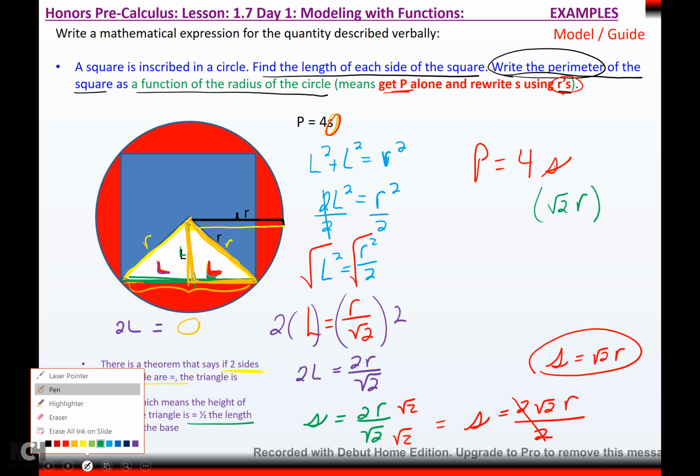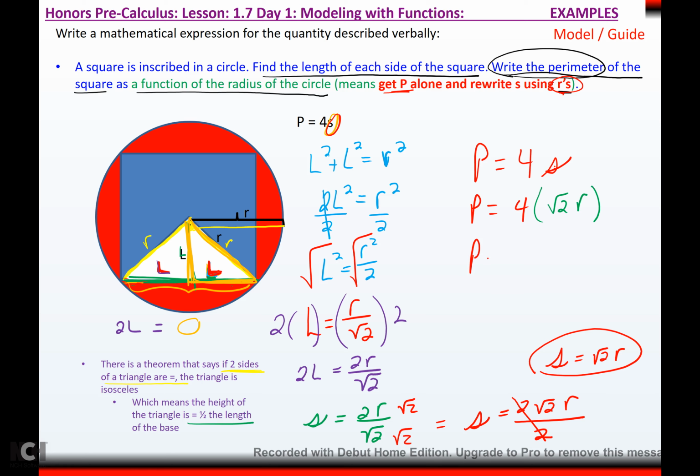Bring down everything else. So I have P equals 4 times the square root of 2R. Distribute, and I get perimeter equals 4 square roots of 2R. Done. I found a mathematical expression to describe the perimeter of that square in terms of the radius of that circle.